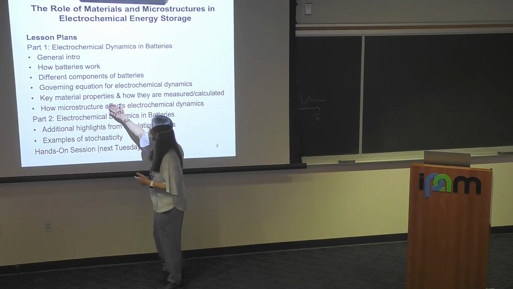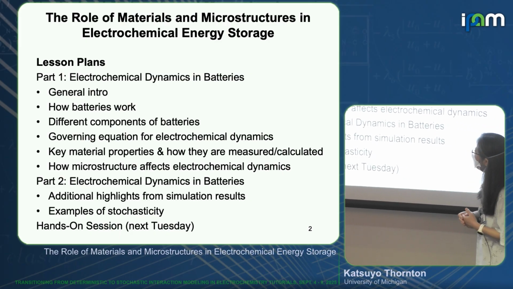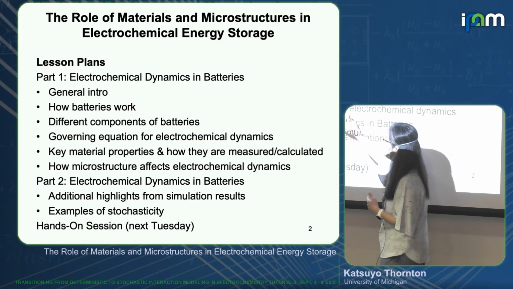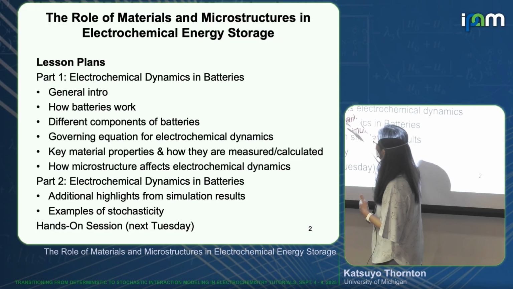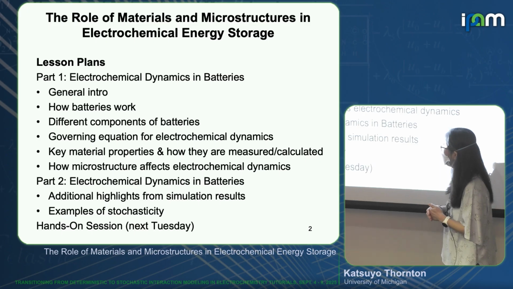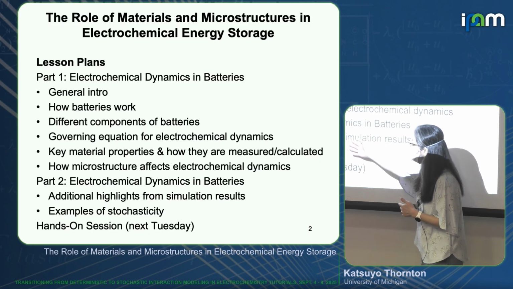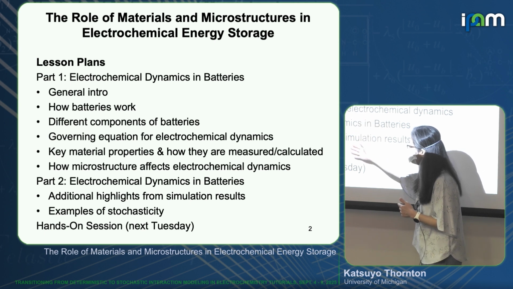So then I can talk about key material properties, how they are determined. And then I'm probably not going to get to this today, but how microstructure affects electrochemical dynamics. And then tomorrow, I'm going to say more about this, pick up from there.